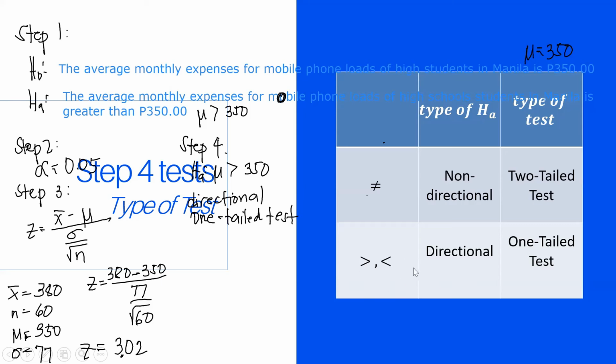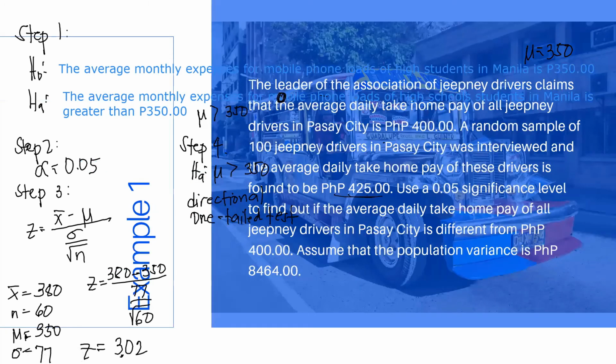So it tells us direction. That's why it's directional. And if it's directional, it is a one-tailed test. Otherwise, if it is an equal sign or not equal sign, therefore it doesn't tell us direction. Therefore, it's non-directional. And if it's a non-directional alternative hypothesis, therefore it's a two-tailed test to be used in our study.